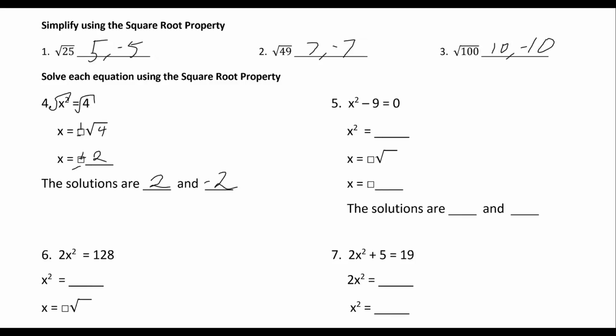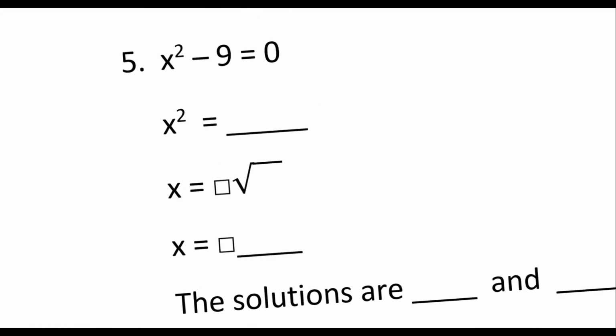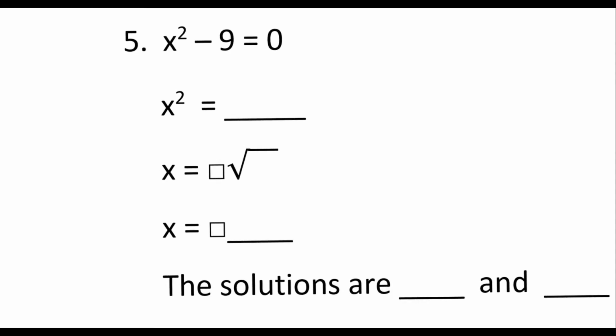Now, on number 5 here, I'm going to make this a little bit bigger so that I can write in these squares a little bit better. So we've got x squared minus 9 equals 0. So I add 9 to both sides, and then I'm left with x squared equals 9.